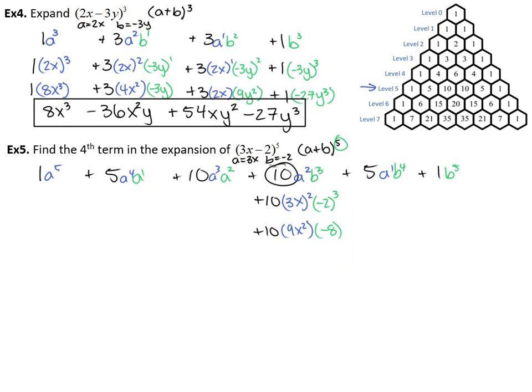So lastly, we're just going to multiply all of this together. 9 times negative 8 is negative 72, times 10 is negative 720, and our only variable is x squared.